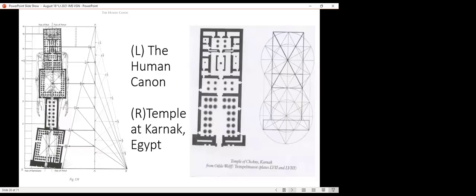Now, a few more illustrations from Egypt. This famous unusual temple design on the left shows the temple at Karnak, Egypt, with the human figure canon, and it's been composed in a couple of ways, but a very convincing dimension, incorporating the Osiris journey.